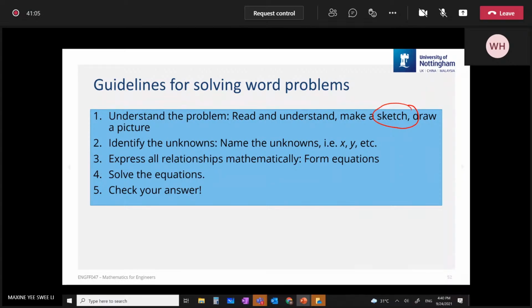Oftentimes you will have more than one equation, so you can solve the problems using simultaneous equations. And finally, you always check your answer. Whatever answer you get for x or y, you try to substitute it back into your original equations and see whether it fits. Does it make sense? So always check your answer.